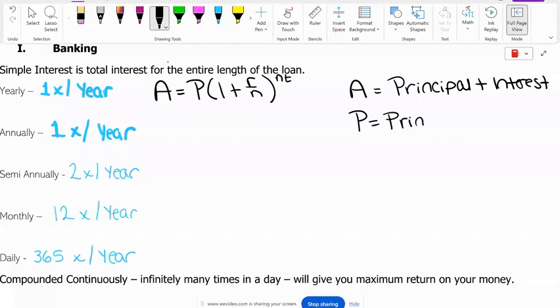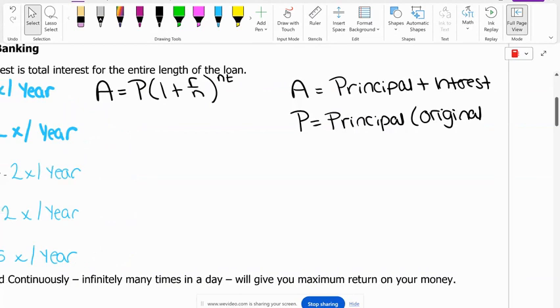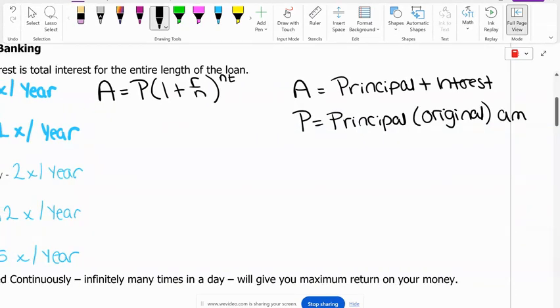P is your principal amount, which we know is the original amount. R is the annual rate.